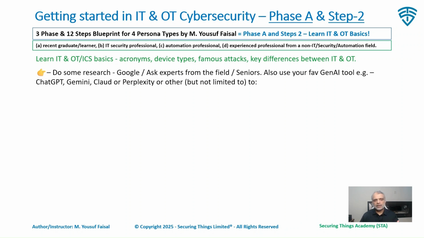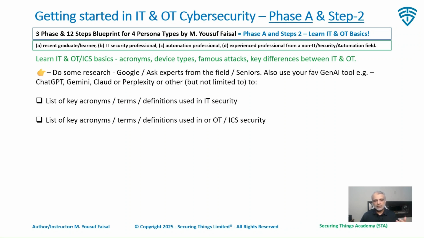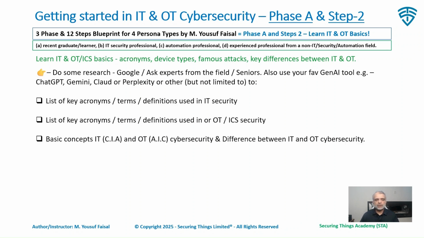And then figure out a list of key acronyms, terms, and definitions used in IT security, a list of key terms, acronyms, and definitions used in OT cybersecurity, some basic concepts for IT, which are confidentiality, integrity, and availability, and concepts around OT, which are availability, integrity, and confidentiality, in the reverse order from a cybersecurity perspective.